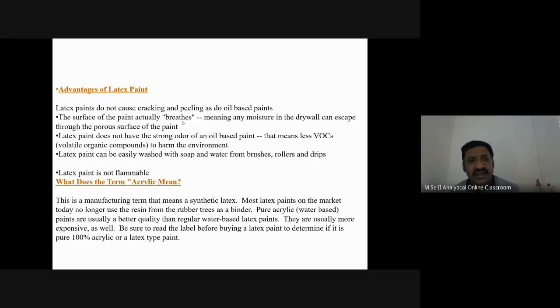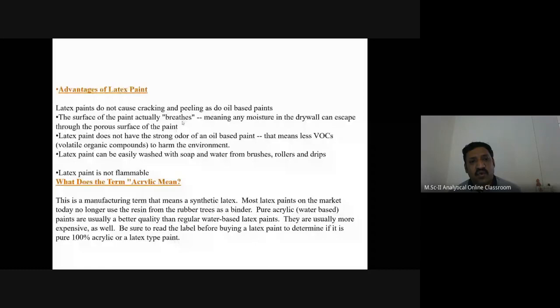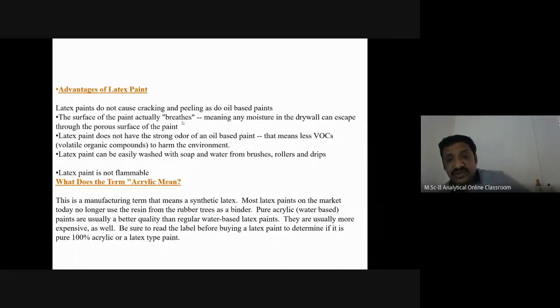Then latex paint does not have the strong odor of an oil-based paint. That means fewer volatile organic compounds to harm the environment. No doubt, latex paint is water based, and that's why it does not have the volatile organic compounds that harm the environment. Because you know, which volatile organic compound is used in first year organic practical?